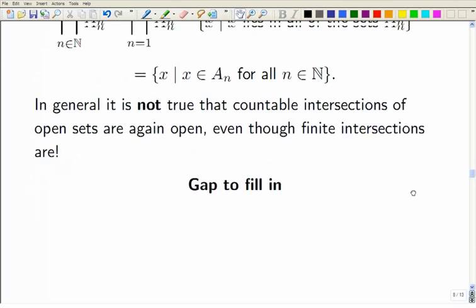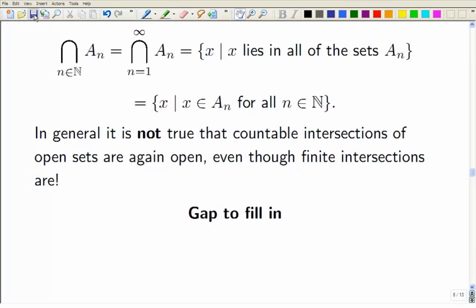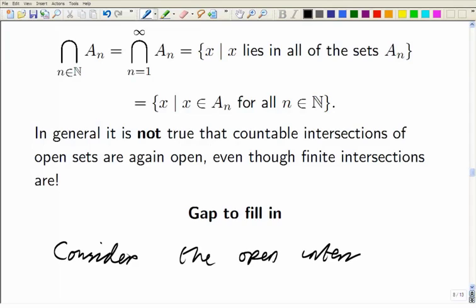But let's have a look at an example. Actually, I think we've got time that you could have a go at this. Consider the open intervals U_n equals minus 1 over n up to 1 over n.